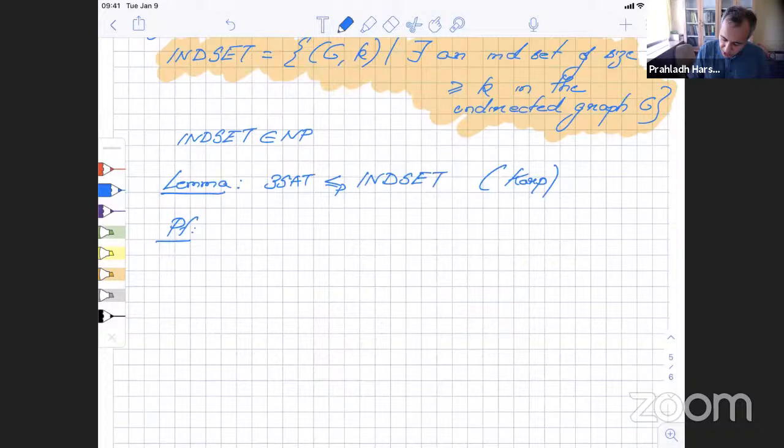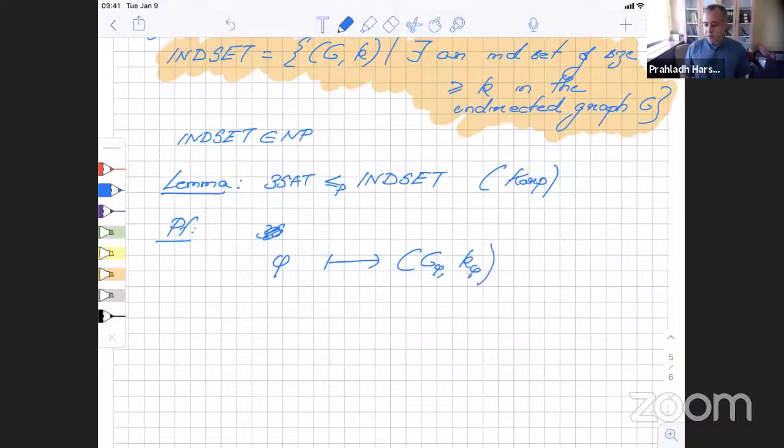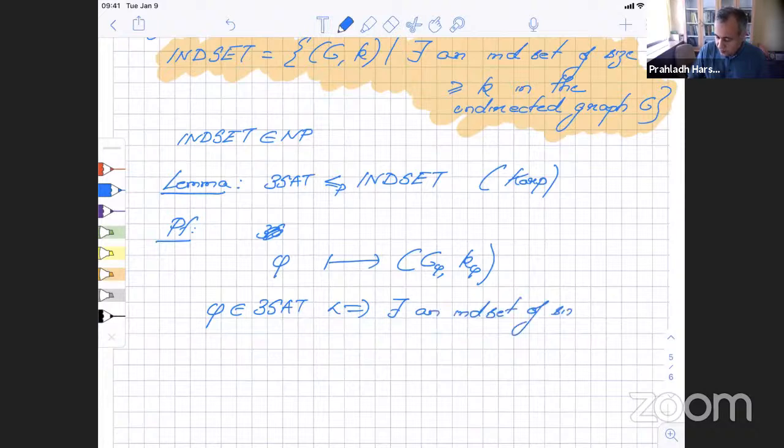We want to come up with this function f that, given a formula phi, maps it to a graph G phi and a number k phi, such that phi is in 3SAT if and only if there exists an independent set of size k phi in G phi. This is the reduction we want to construct.